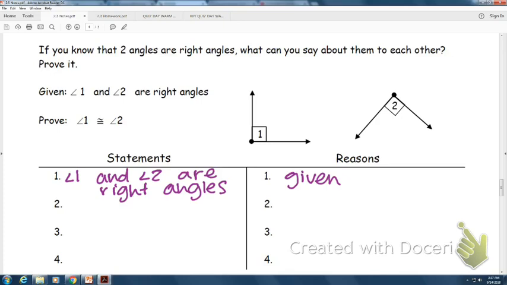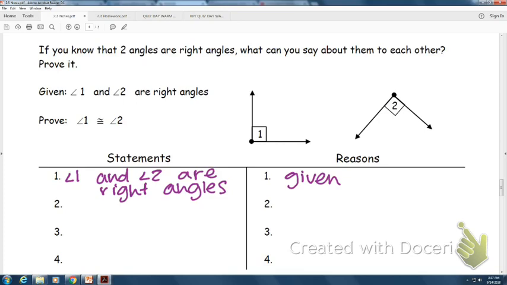Okay, so we need to prove that 1 and 2 are congruent. What do we know based off the diagram? What do we know so far? They're 90-degree angles. How do we know that 1 and 2 are 90-degree angles? Not just because of the symbol, but more importantly, because they're right angles.